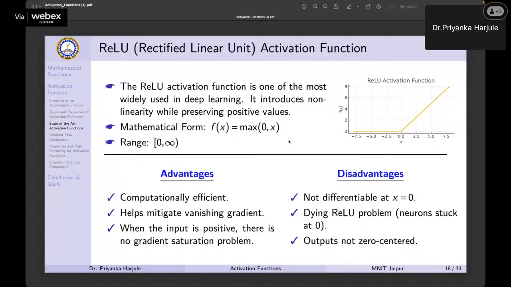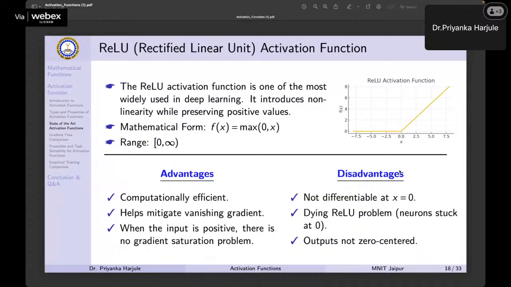The function is very simple. It is just maximum of 0 comma x. It also takes care of the vanishing gradient problem, because of the strong gradient for x greater than 0. Okay, there is no gradient saturation, and it's easy training even with many layers.